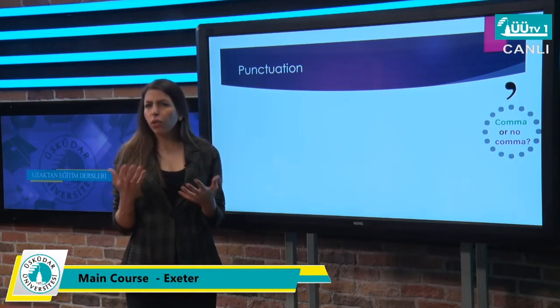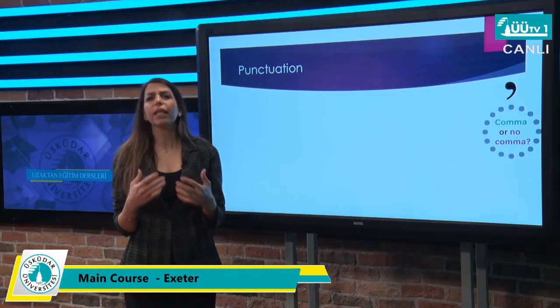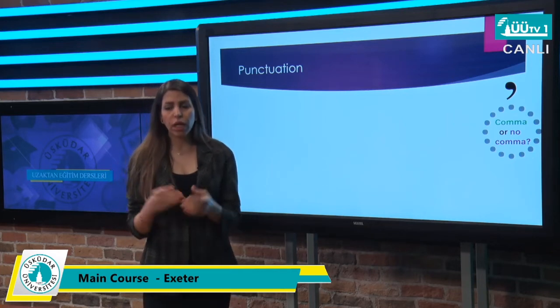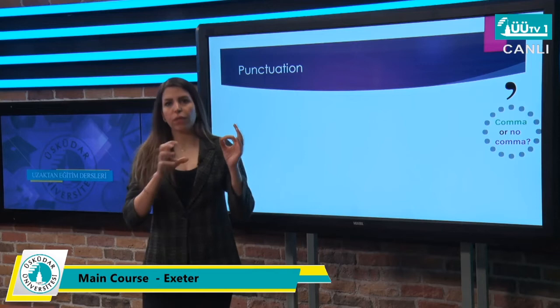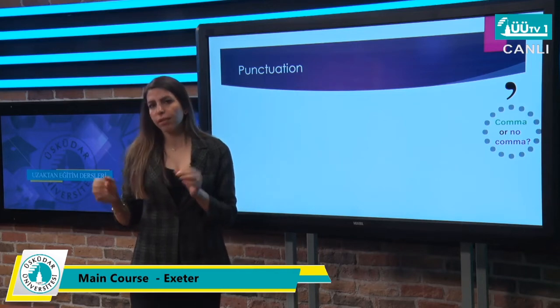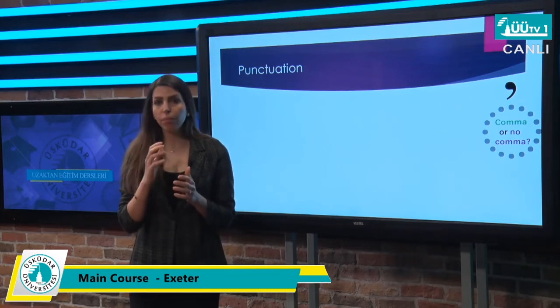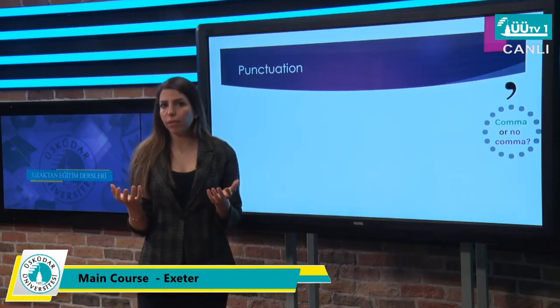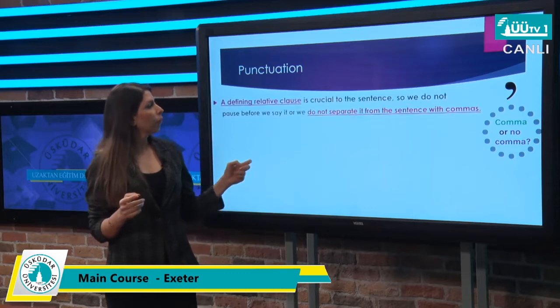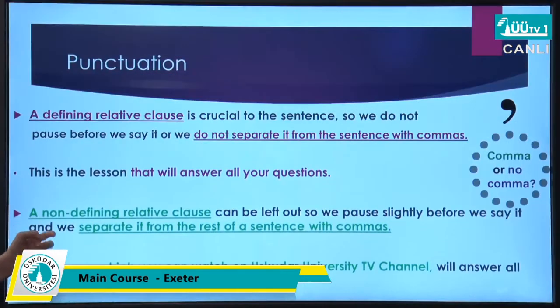So it is totally clear that when something gives us extra information, we can just remove it. We can just take it out from the sentence. So by putting two commas or by just having some pause, we can delete it from the sentence. So, as I told you, a defining relative clause, don't separate it from the sentence, don't use comma, and don't have any kind of pause.